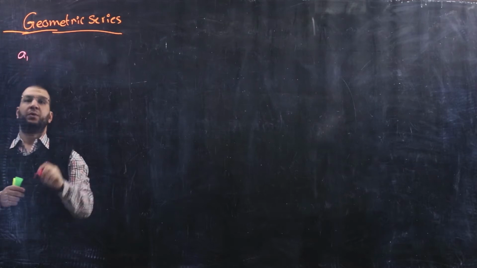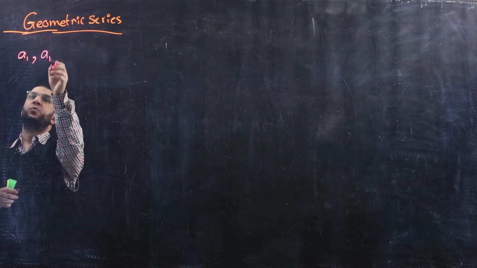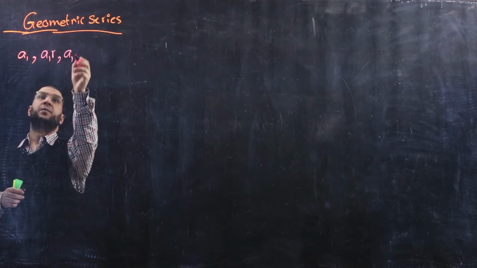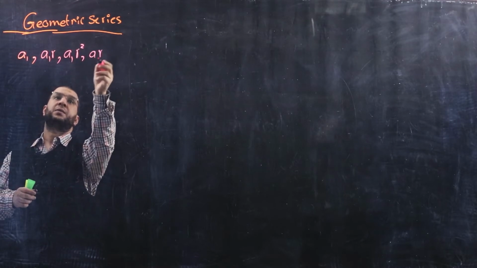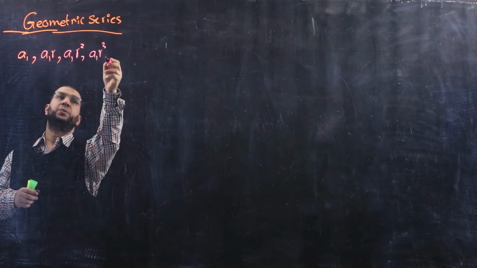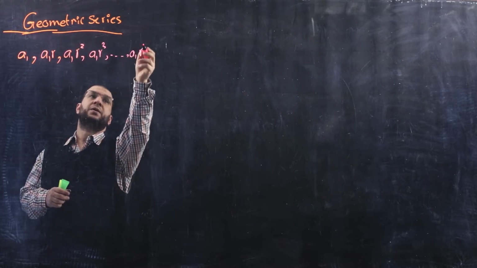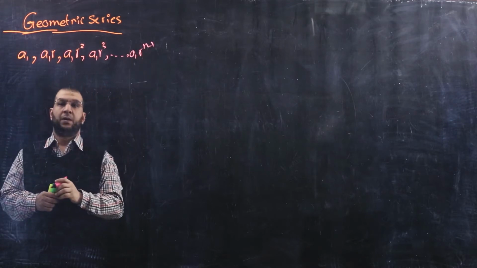it starts with a sub 1, then the second term will be a sub 1 r, the third a sub 1 r squared, then a sub 1 r cubed, and so on till a sub 1 r to the n minus 1.